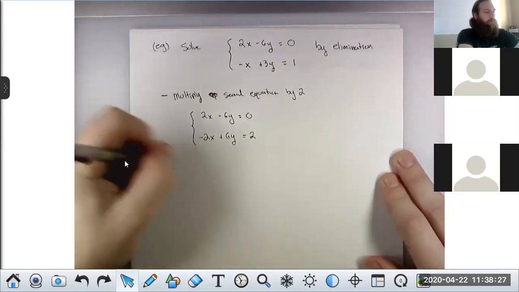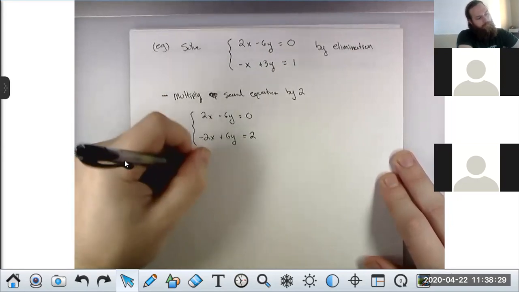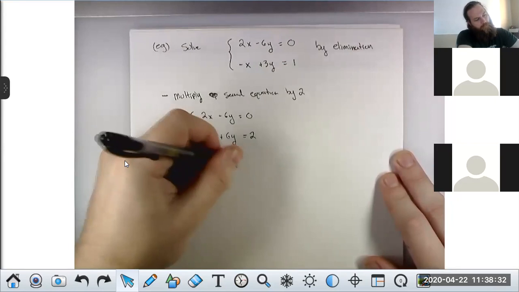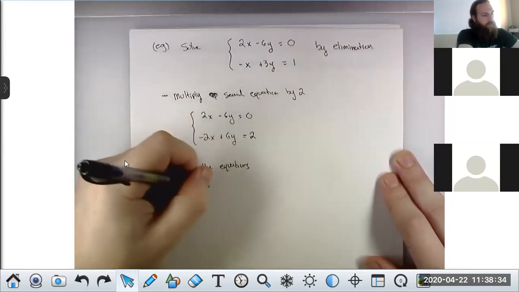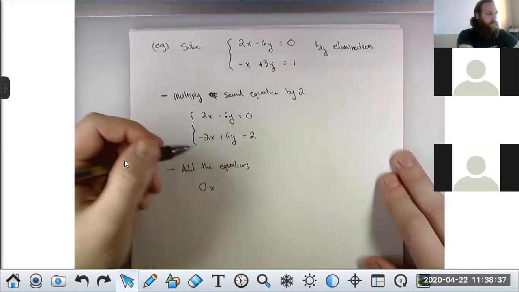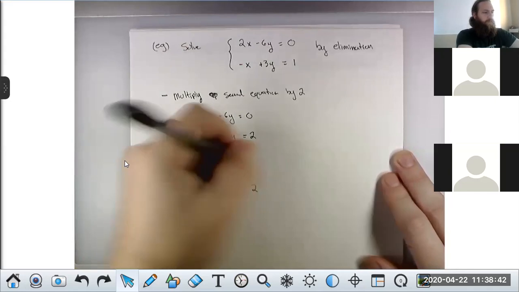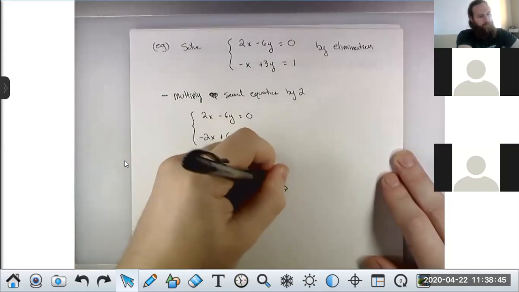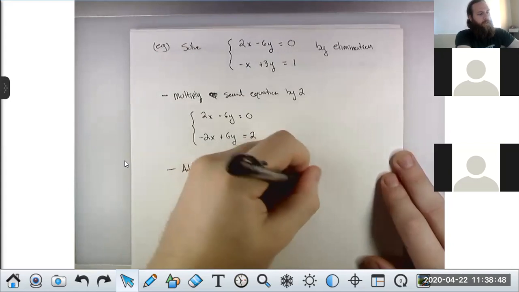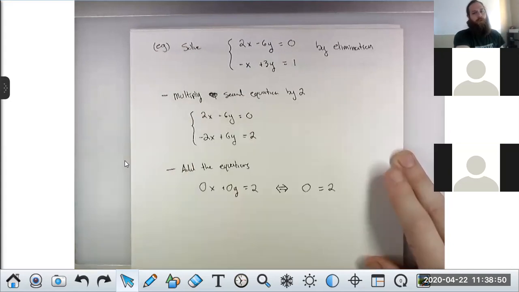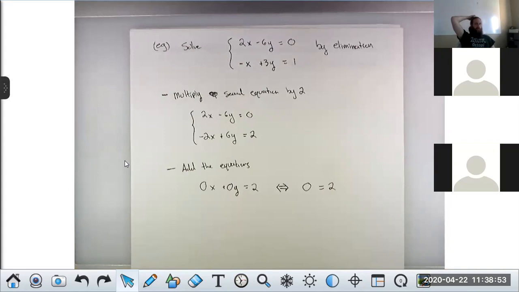And when I add them, I'll get 0x, negative 2x plus 2x, plus 0y, equals 2, i.e. 0x plus 0y, that's 0, equals 2. So the last example when we did this, we ended up with a 0 equals 0 at this step, which told me I had infinitely many solutions because that's a true statement regardless of x and y.